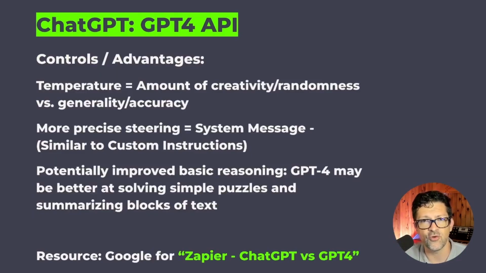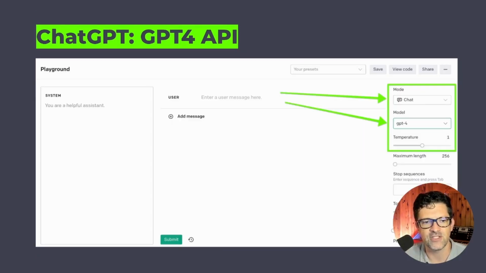So here are some of the controls and advantages that you can play around with. The temperature is the biggest one, and this has been around in AI and machine learning for a very long time. It was one of the first concepts I learned about. I guess 2018 is when I started messing around with this stuff. The temperature really allows you to adjust the amount of creativity and randomness versus generality and accuracy. Oftentimes ChatGPT will reply very similarly to similar requests, and if you are not getting what you want out of it, you might want to turn that temperature up inside of the GPT4 API.